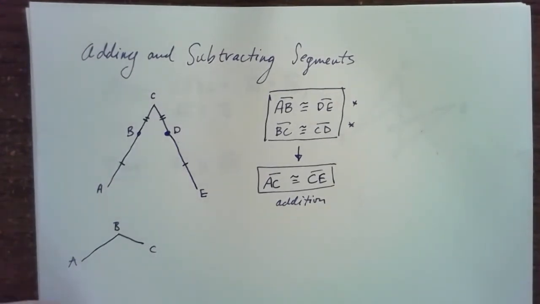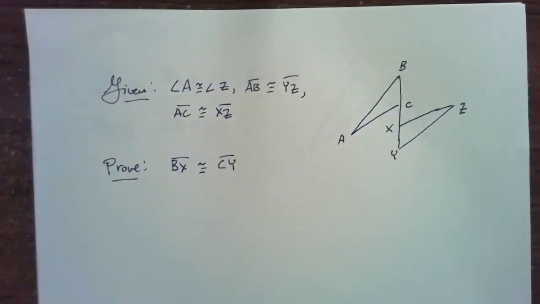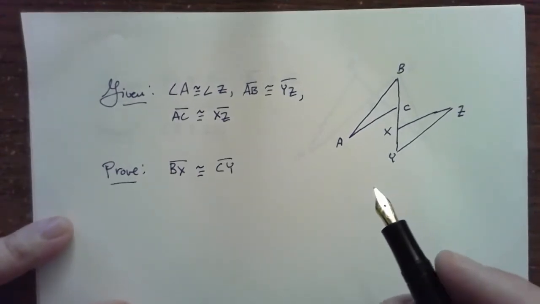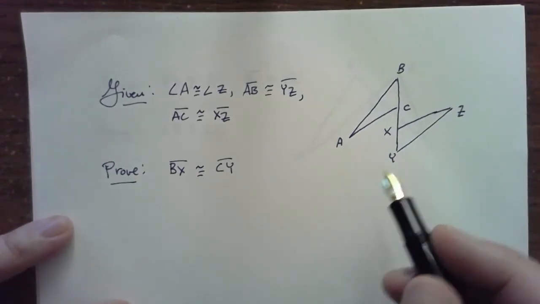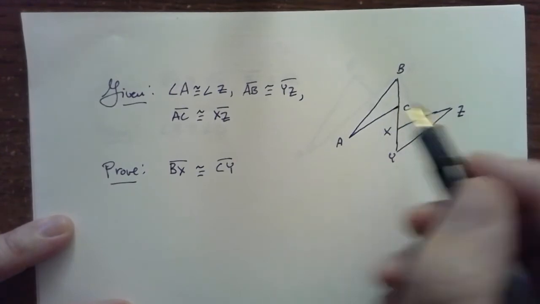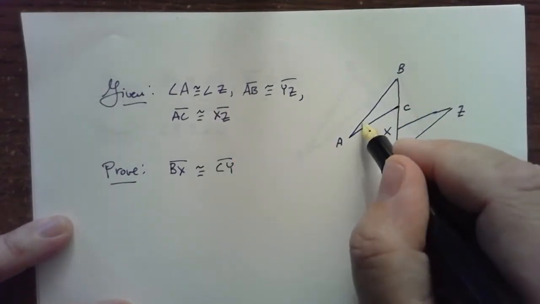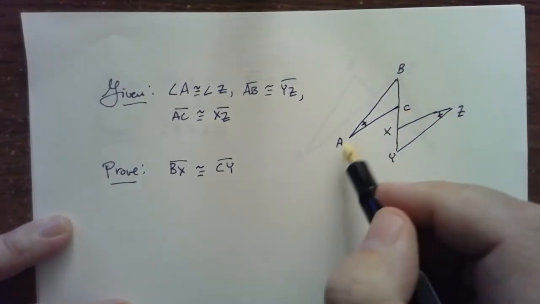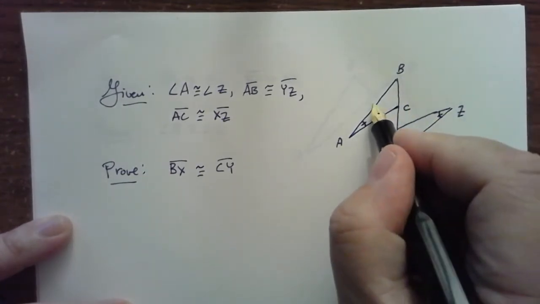Let's do a couple of examples where it's in proofs. So here's my first example. Let's start, as always, by marking our givens, and then we'll see where we can go with that. Angle A is congruent to angle Z. Okay, so I'll mark those angles as congruent. AB is congruent to YZ.